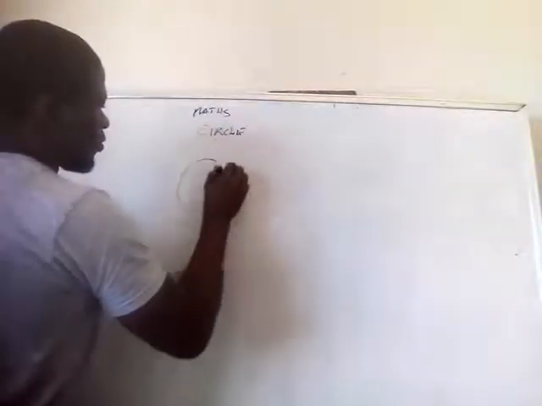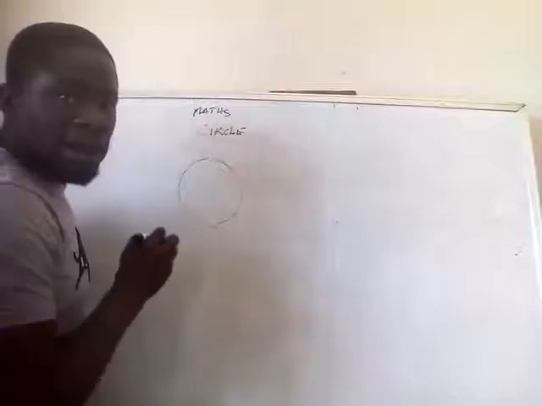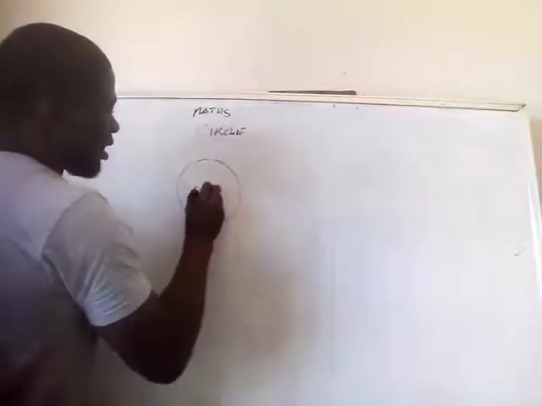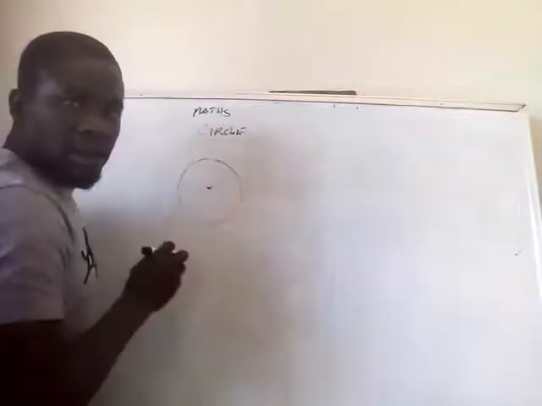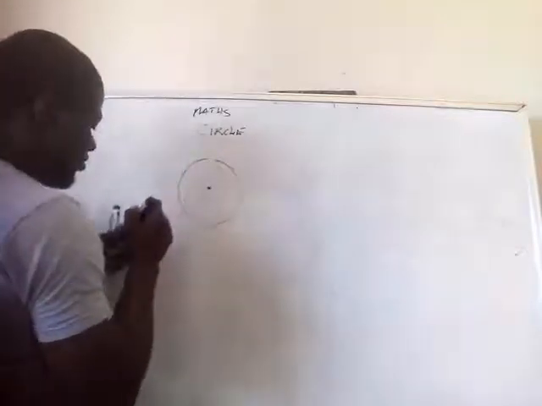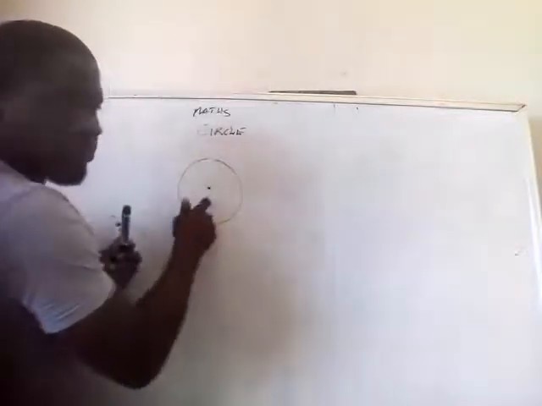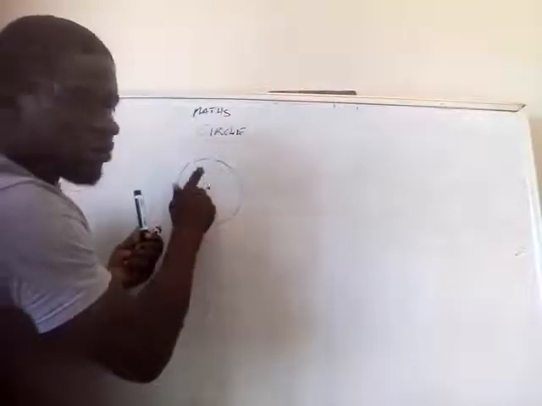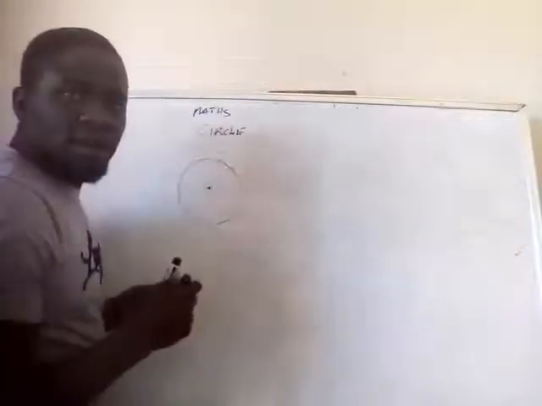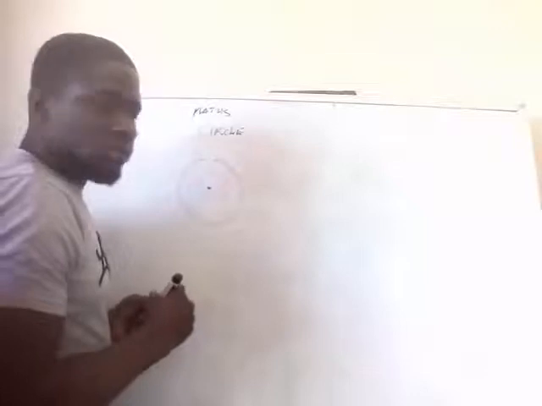This is a circle. Here is the center. Any distance from the center to any part of the circumference is called radius.